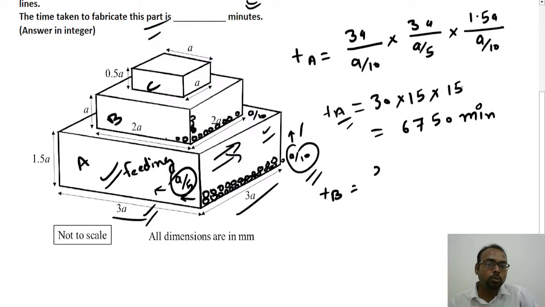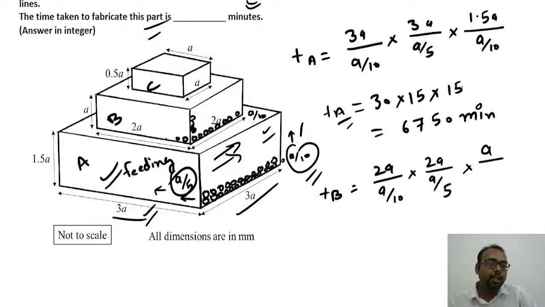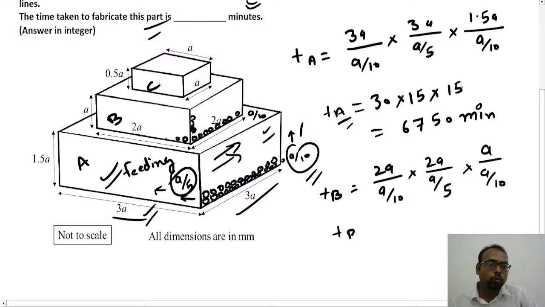TB will be equal to 2a divided by a by 10, multiplied by 2a divided by a by 5, multiplied by height a divided by a by 10, right? So here we can say two dimensions are being covered by a by 10 and one dimension will be covered by a by 5. Now when you solve this, you will have the TB value, and this TB value comes out to be 2000 minutes.